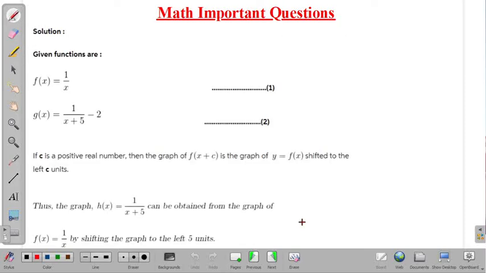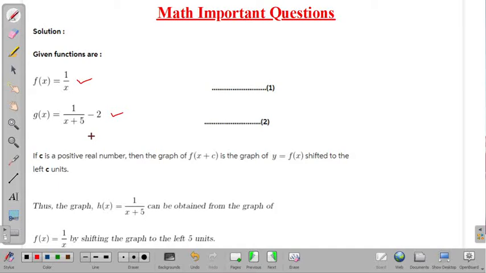See, the basic function which we need to use to obtain the graph of g(x) is f(x), and f(x) is given as f(x) = 1/x, and the graph which we need to obtain is of the function g(x) = 1/(x+5) - 2.